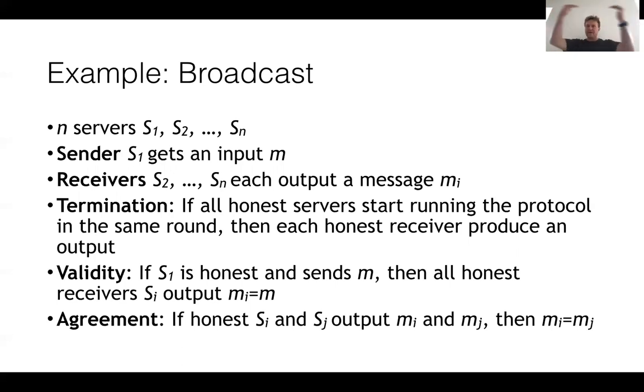They need to compare somehow. But of course, when they compare, it could be this guy lying instead, and I don't want that to prevent this guy from outputting what I sent him. If I send 7 here and I'm honest, and this guy claims to have gotten 8, this guy over here should still output 7. It turns out to be exquisitely complicated. So let's first try to formalize what it is we would like to obtain.